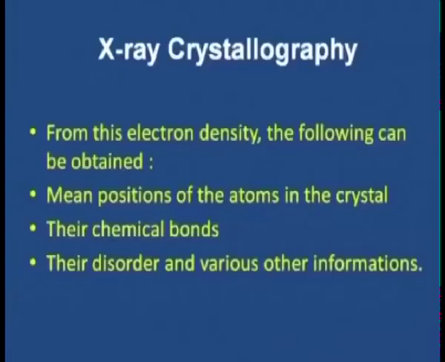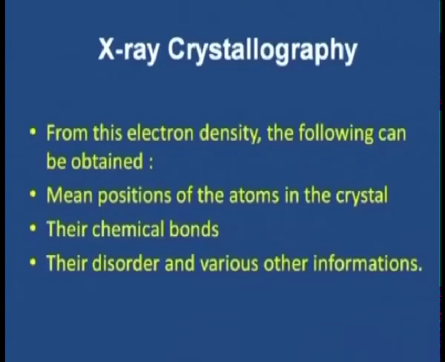From the electron density, the following features can be determined: the mean positions of the atoms in the crystal, the chemical bonds, the disorder, and various other information can be obtained from X-ray diffraction studies.